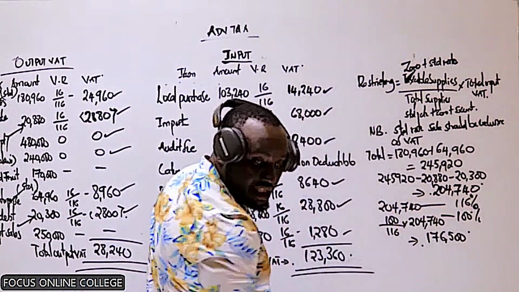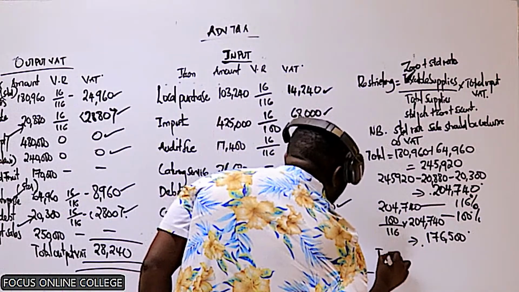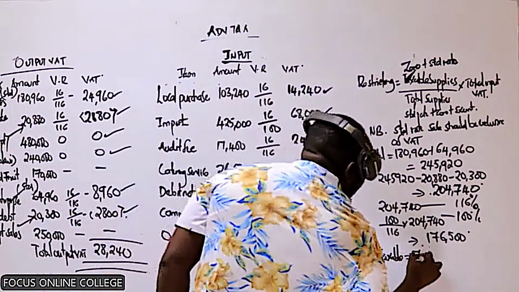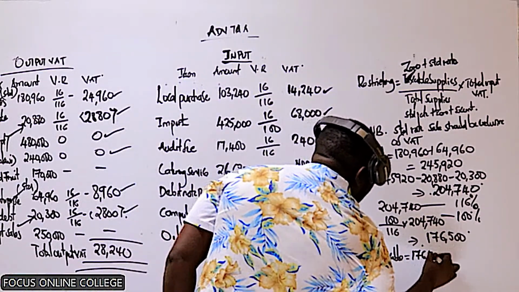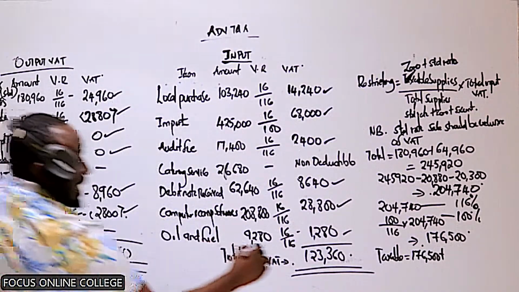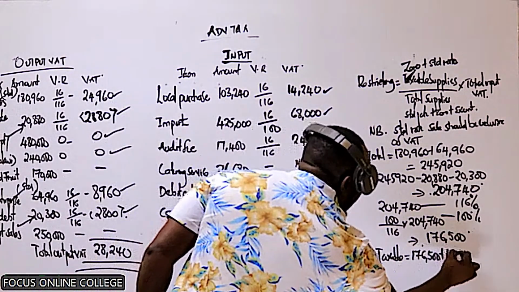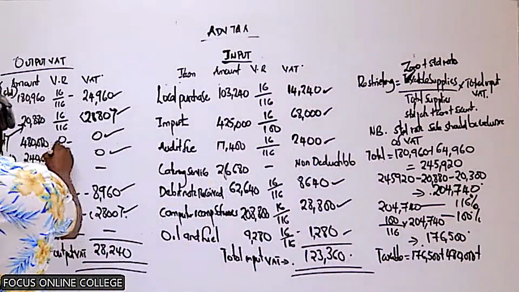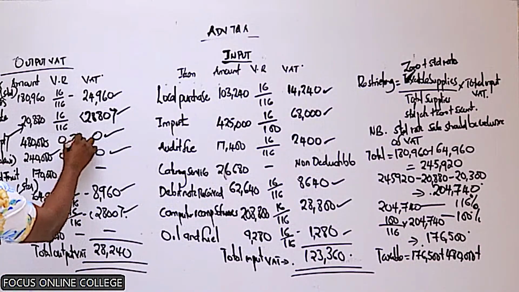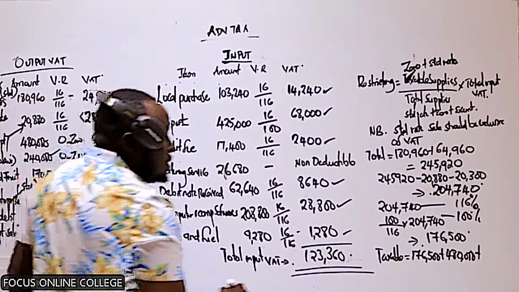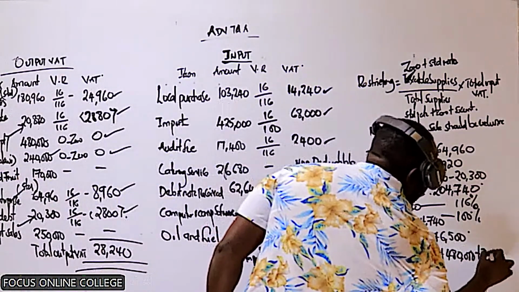So we can get the taxable supplies. Taxable supplies should be the standard rate, which we have as 176,500. Zero rate, remember, this is zero rate. We have 80,000. And the next zero rate is 240. This is also zero rate. So what is the total taxable supply?